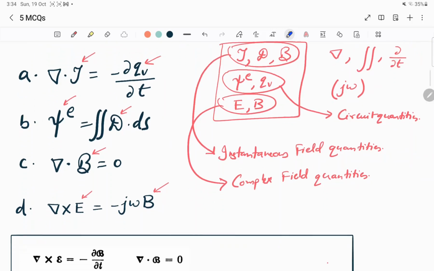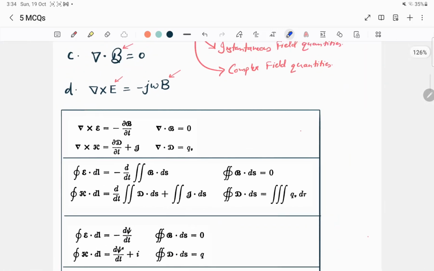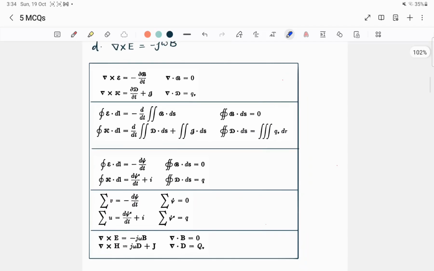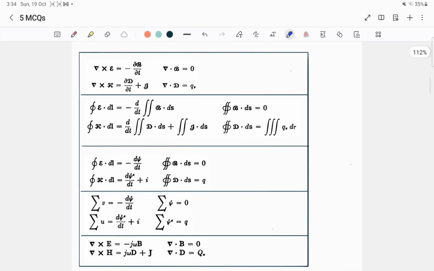Alright, now let us look at all the different forms of Maxwell's equation. So I have written all the forms of Maxwell's equation in one table. If you see these four sets of equations, 1, 2, 3 and 4, here the del operator is used.